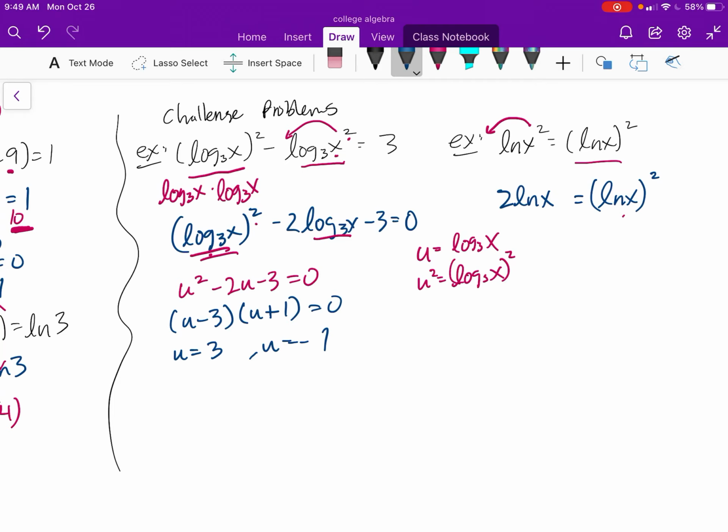But remember, we're not solving for u, we're solving for x. So we need to go back in and substitute what u is. U is log base 3 of x. Now, in this right one, I see this negative. A common mistake again is thinking, oh, a log can't be negative. That finally gets drilled in your head.